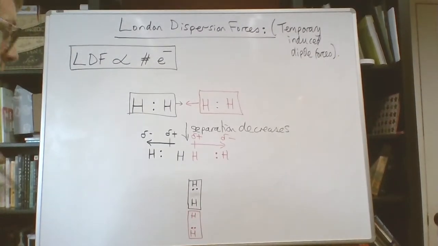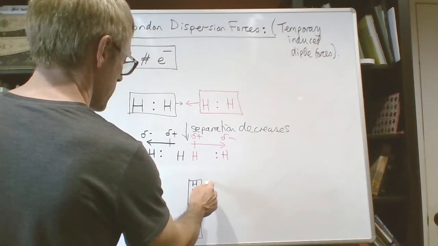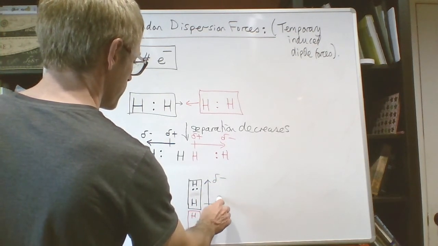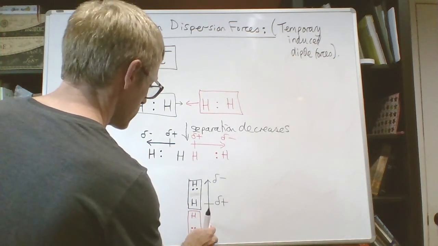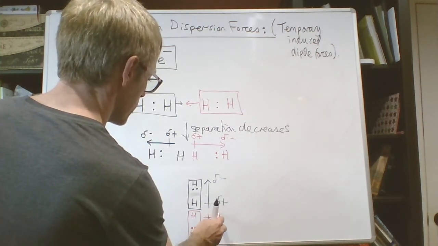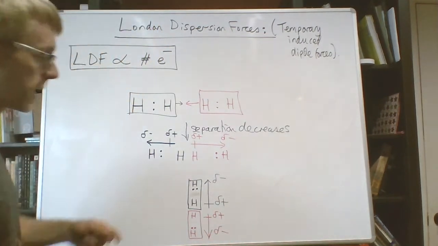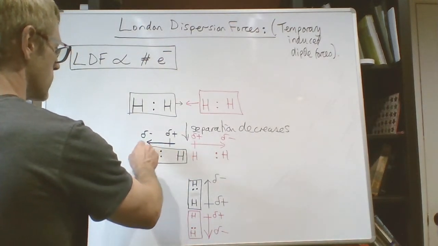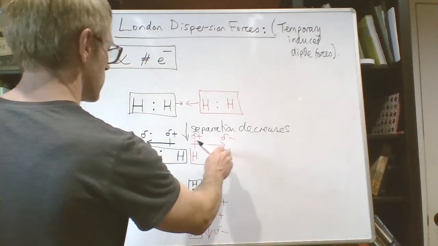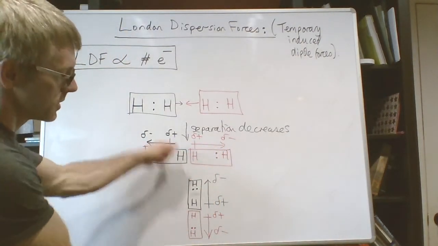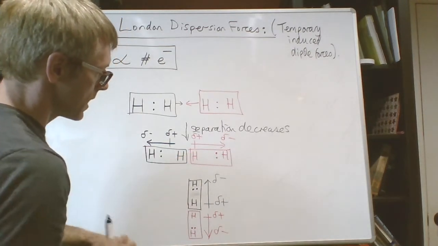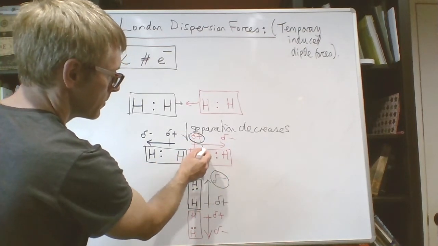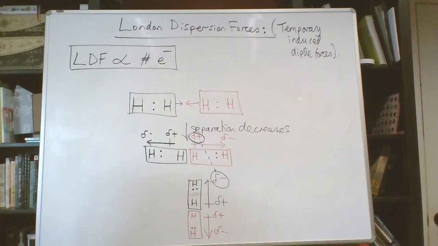I'll just tilt the camera so you can see. So let's say I have my temporary induced dipole here and down here. So again, I've got my repulsion here, my repulsion here. Let's box these off, make it look similar to that. Okay, so repulsion here, but then you're going to collide into these guys. So we've got a delta plus here, a delta negative here, and there's my London dispersion force.